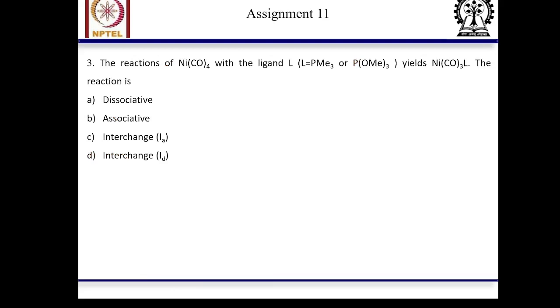The reaction of Ni(CO)4 with ligand L, where L is PMe3 or P(OMe)3, gives Ni(CO)3L. The reaction is what? It is associative, interchange associative (Ia), or interchange dissociative.